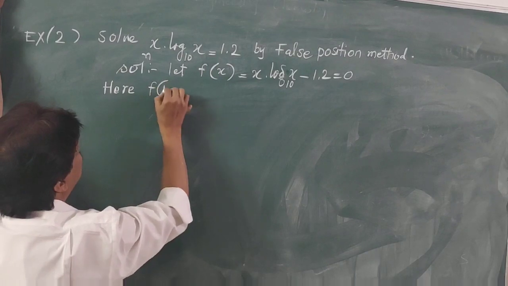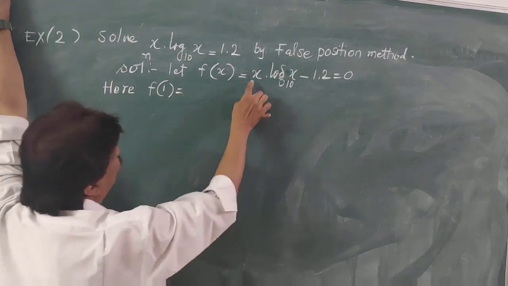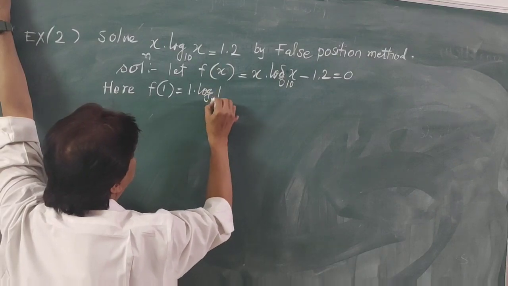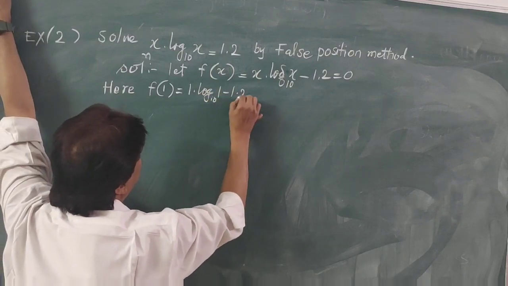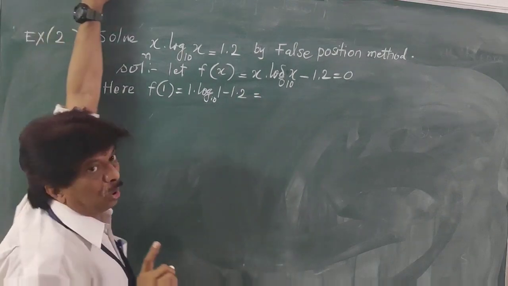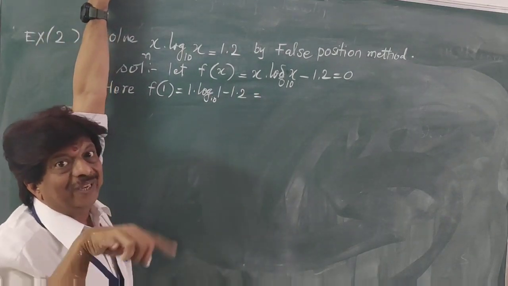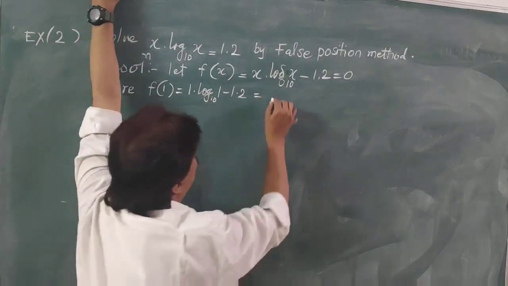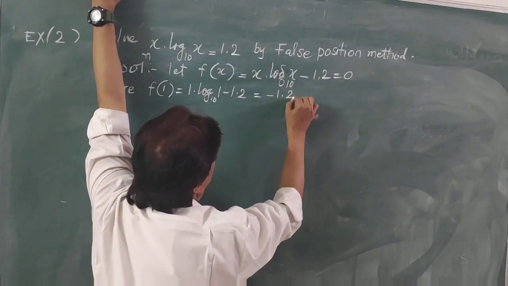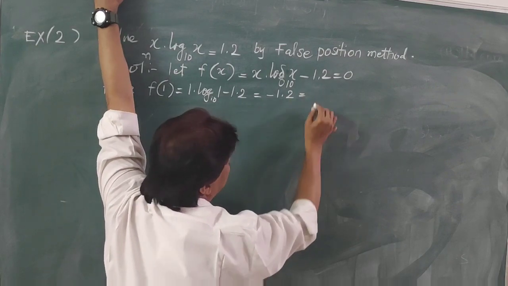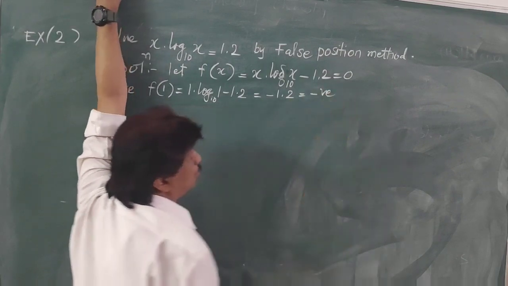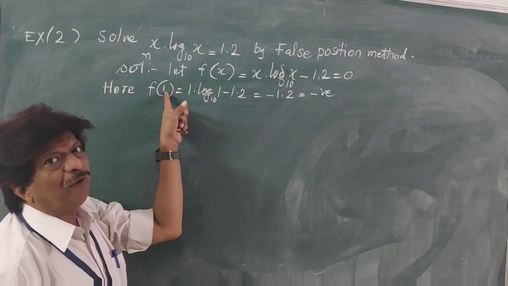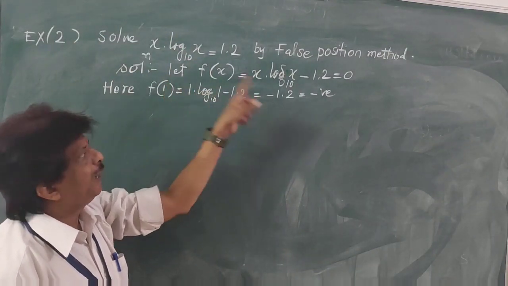F of 1 is equal to 1 into log of 1 to the base 10 minus 1.2. Log of 1 is 0, so 1 into 0 is 0. So it is minus 1.2. It is negative, less than 0. So for x equal to 1, f of 1 is negative.